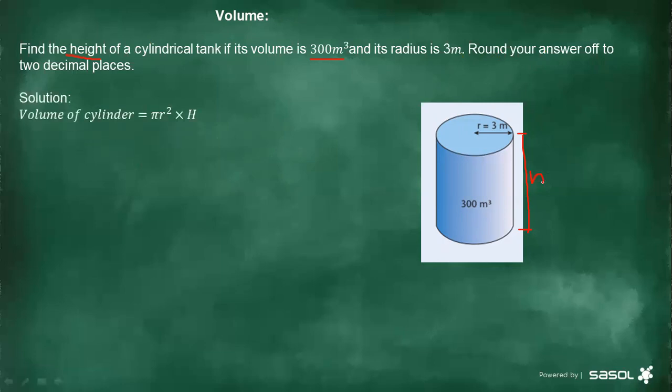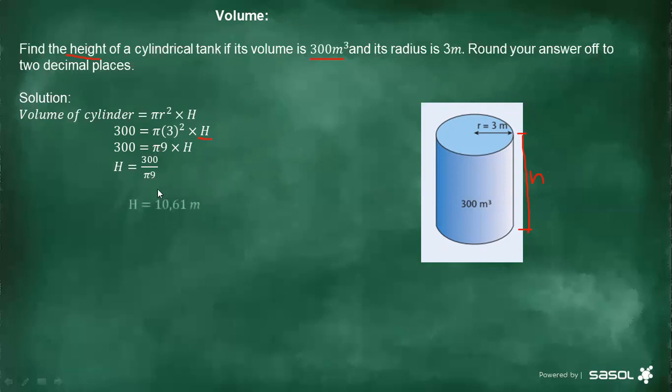You write the formula for volume of a cylinder, which is this, all right? The second step, you substitute the volume, which is 300, and the radius that we have is 3 meter, squared, in the pi. But because we are in need of this h, we are going to have this, and then we divide by pi times 9, or 9 pi, is what we have.